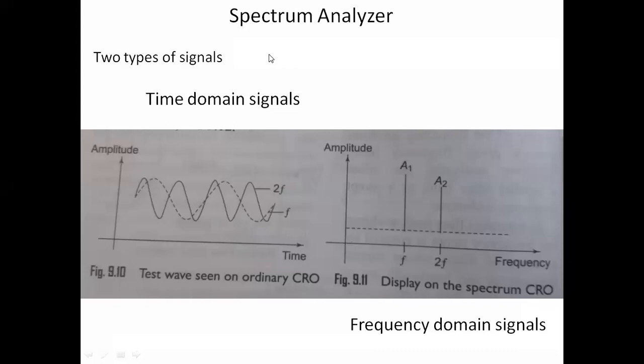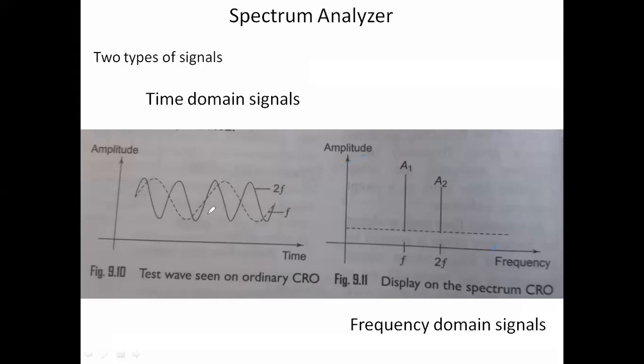Time domain signals are represented with respect to time and the amplitude of the signal, whereas in the frequency domain, on the x-axis we consider the frequency and on the y-axis the amplitude.